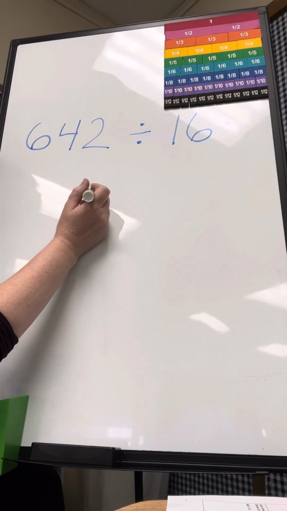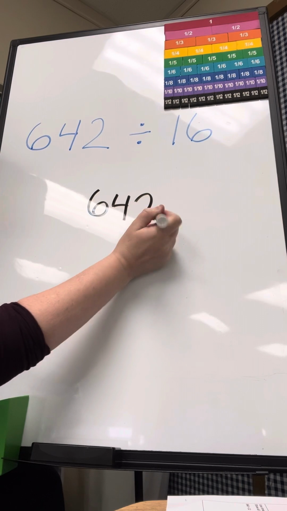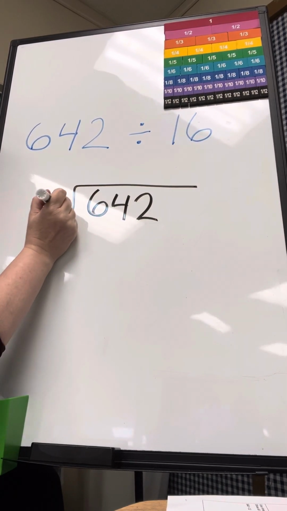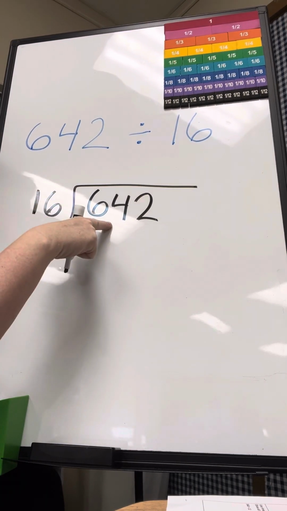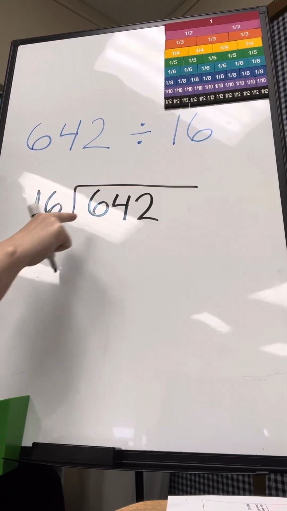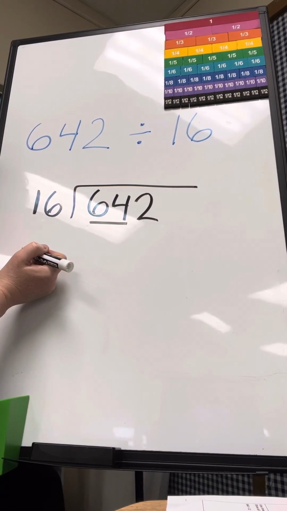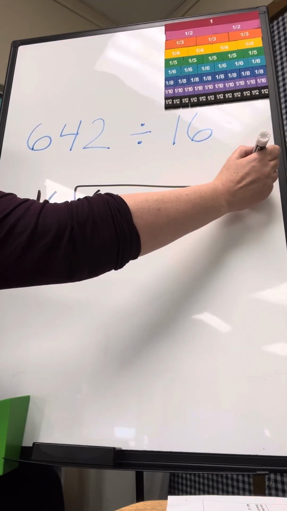So if I have 642 divided by 16, my first thought is, gee, how many times does 16 go into 64? Or I might even want to think, how many times does 16 go into 640?